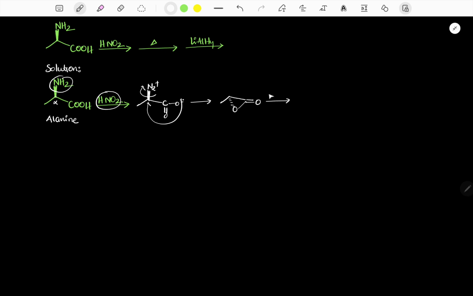Now the nucleophile water attacks. So finally we get the corresponding alpha hydroxy carboxylic acid. So this overall reaction is the NGP mechanism.